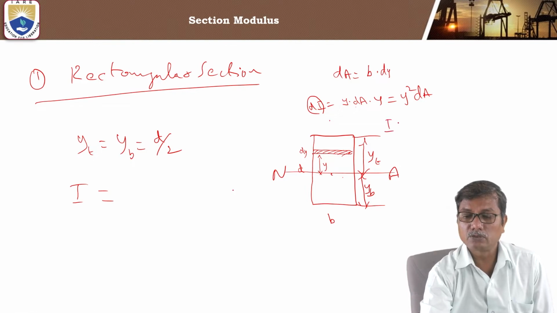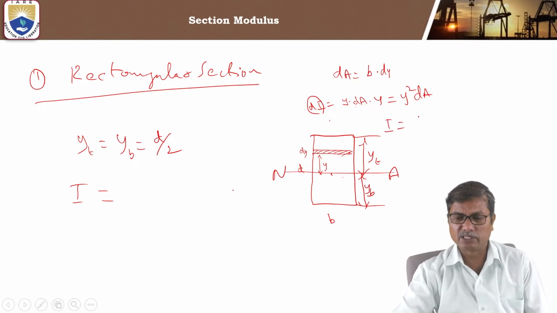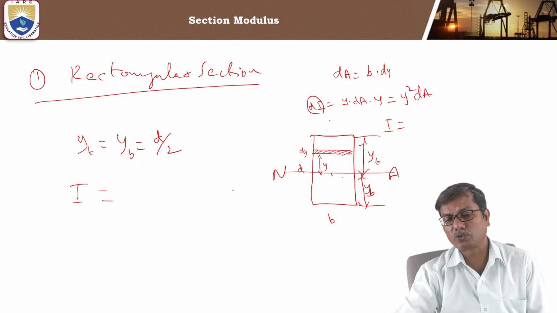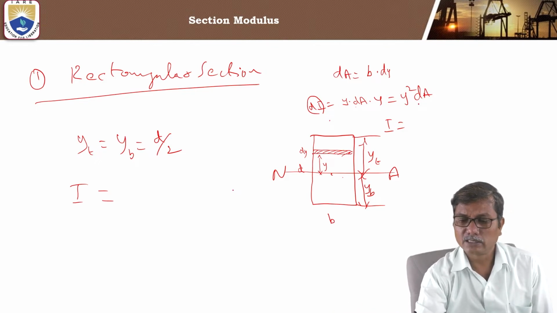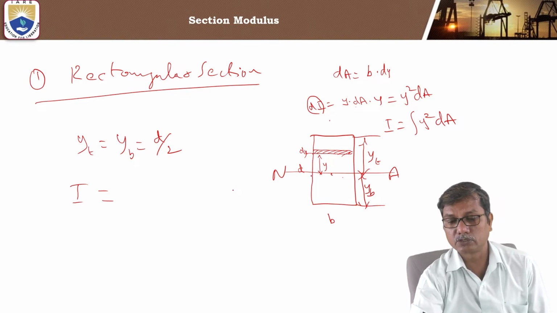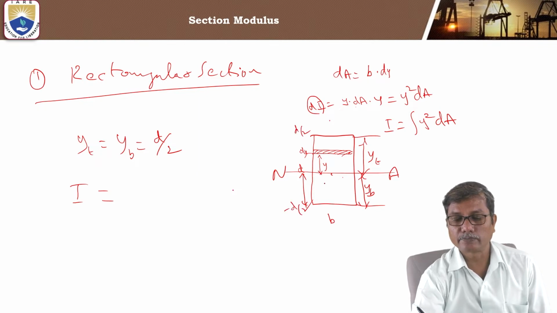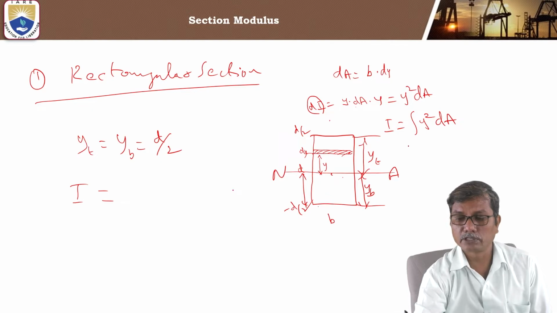So what will be the total moment of inertia, the second moment of total area about the neutral axis? That is obtained by integrating this y square dA between the limits of y. Y is measured from the neutral axis, so it varies from minus d by 2 to plus d by 2.